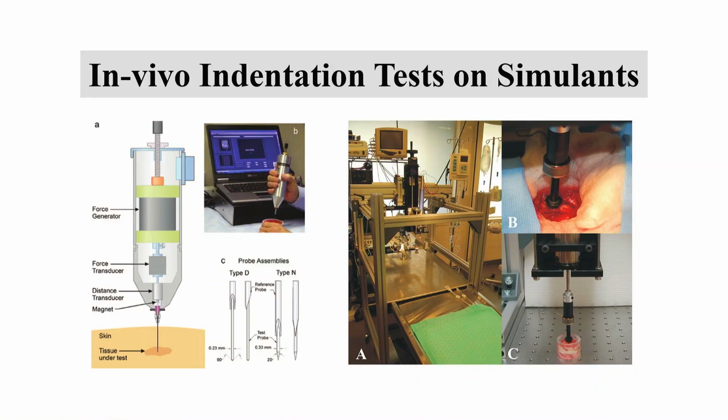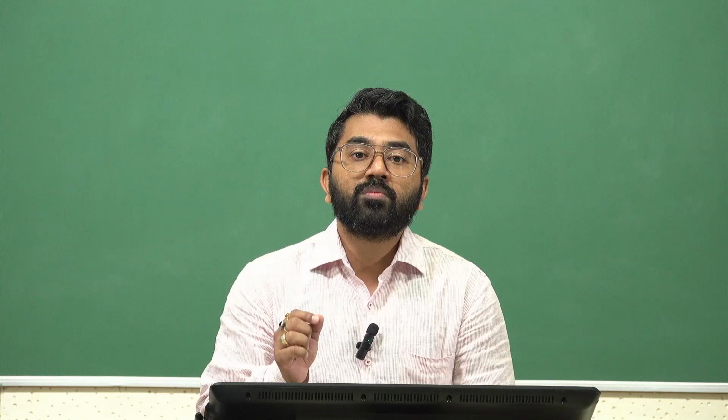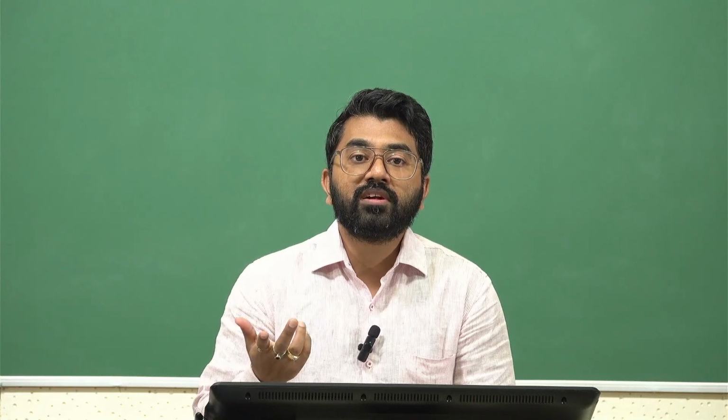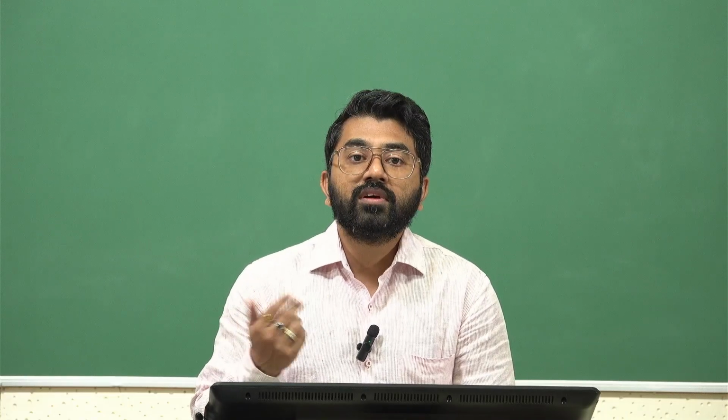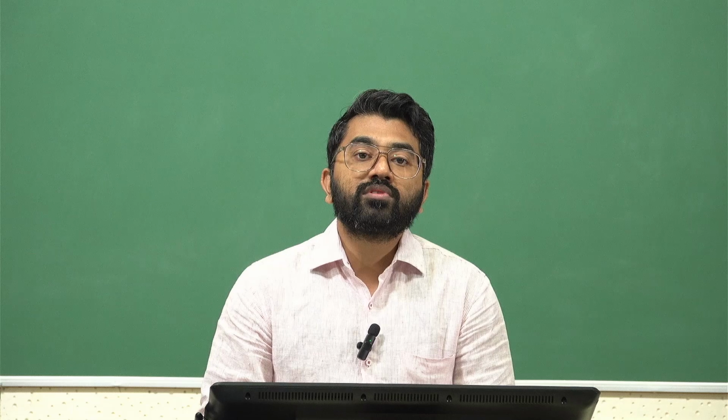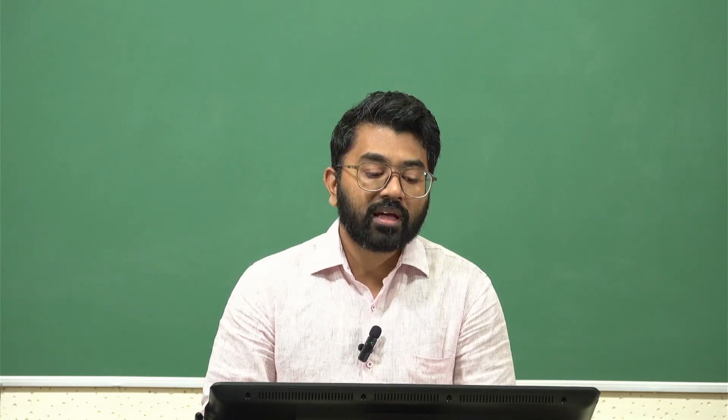So this is where the in vivo tests have come. They have started to be done on simulants. Simulants is a very broad term, and I'm going to take quite a few interesting sessions on the simulants, how to develop different kinds of soft tissues which can mimic the mechanical properties of the native tissue, or the real tissue, as closely as possible. And that's quite often used for all sorts of surgical tests as well as mechanical tests, right?